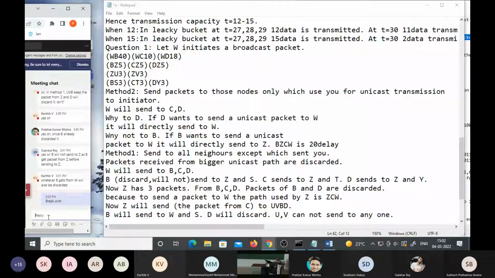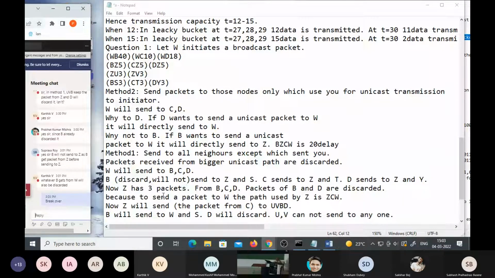You see, during the break, one student raised a good question, and because of this, some corrections in method 1 are required. It means that we have made a mistake in method 1 from the very beginning. W will send to B, C, D, and I told that Z will get 3 packets, one from B, C, D. This statement was wrong.